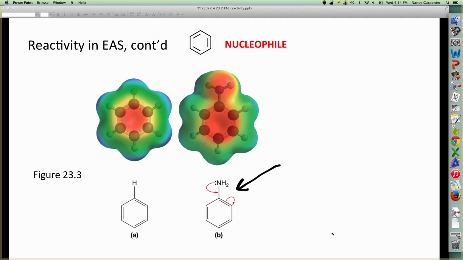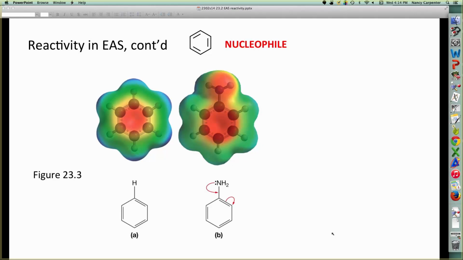It's not terribly obvious here, but it is clear that the electron density in the middle of the aromatic ring is more intense. You can see there's a deeper red, and maybe you can also tell that the blue of the perimeter of this molecule is definitely decreased. So all in all, this is a much more electron rich molecule as evidenced by this electrostatic potential map.